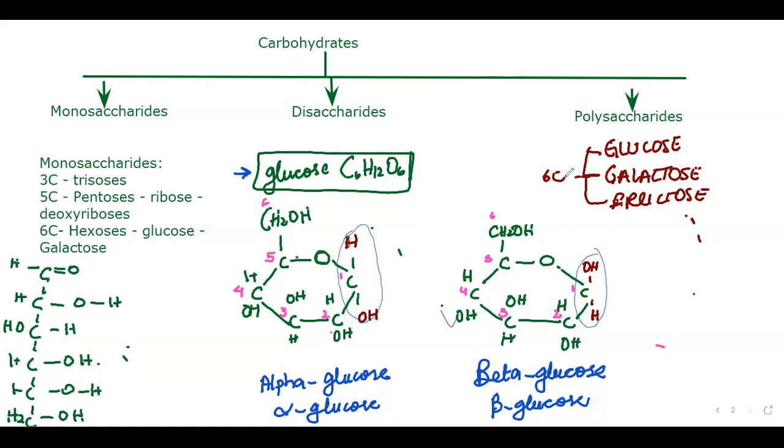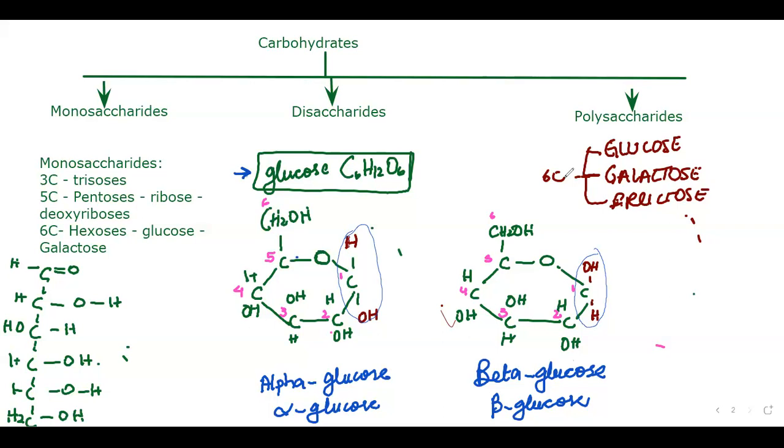One is that they are a source of energy in the process of respiration, right? They provide us energy in the process of respiration. This is because they have a lot of carbon-hydrogen bonds, as you can see in the structure. So when these bonds are broken, a lot of energy is released. And this energy can then be used to make ATP.